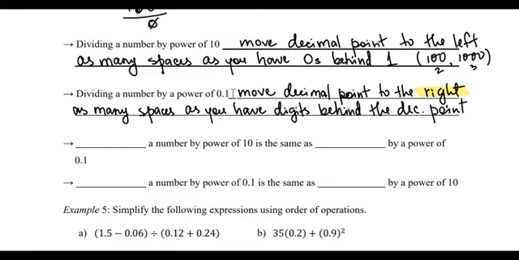And then dividing by a power of 10, we're moving to the left. It's just a direction when we're moving.